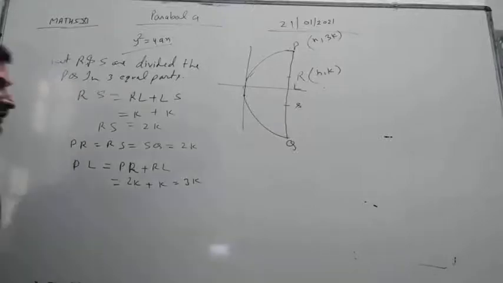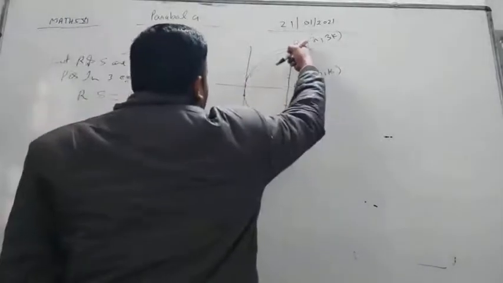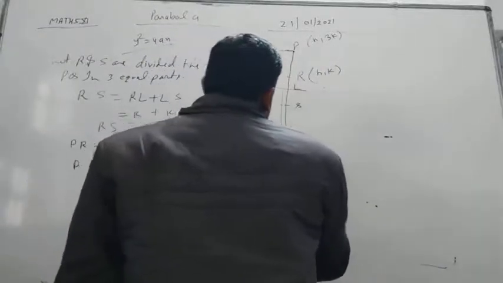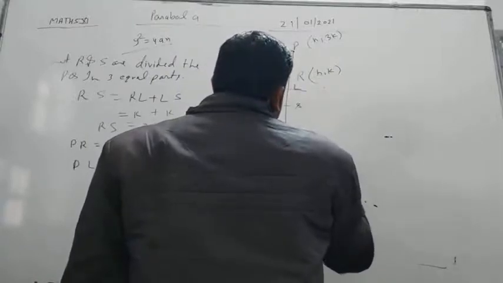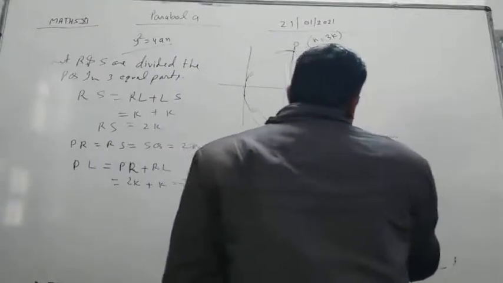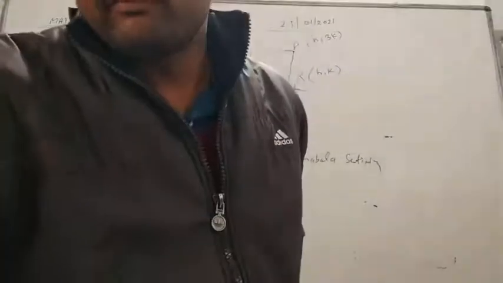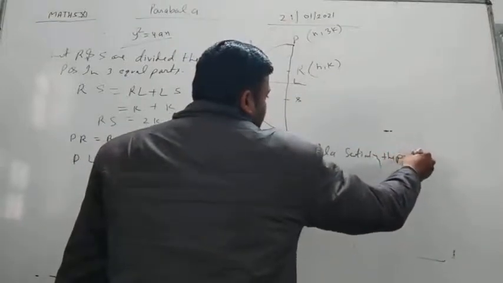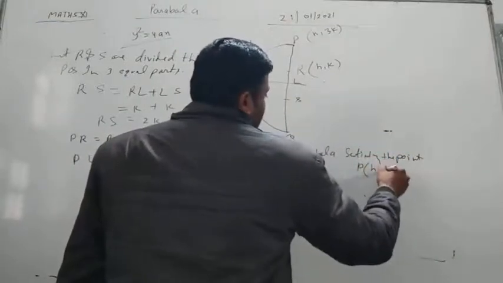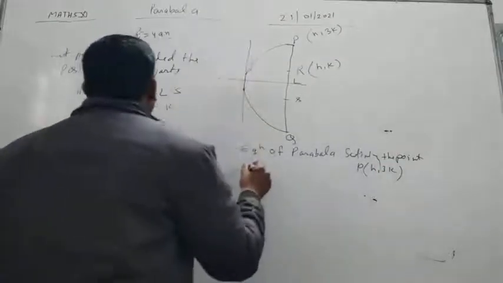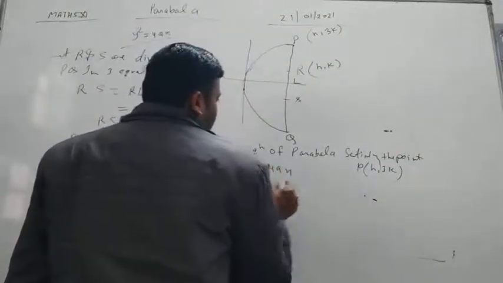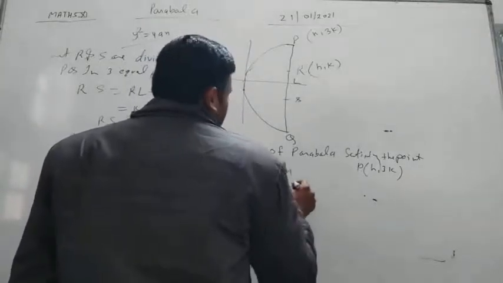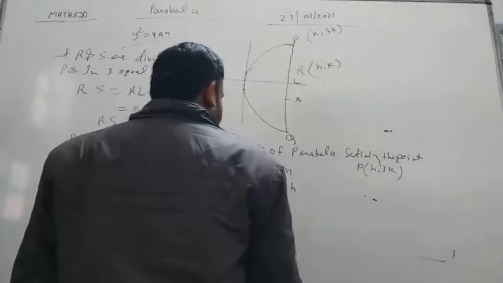Students, you know this point lies on this parabola, so the equation of the parabola is satisfied by the point P. So we write y square is 4ax, so we write 3k whole square is 4a times h.